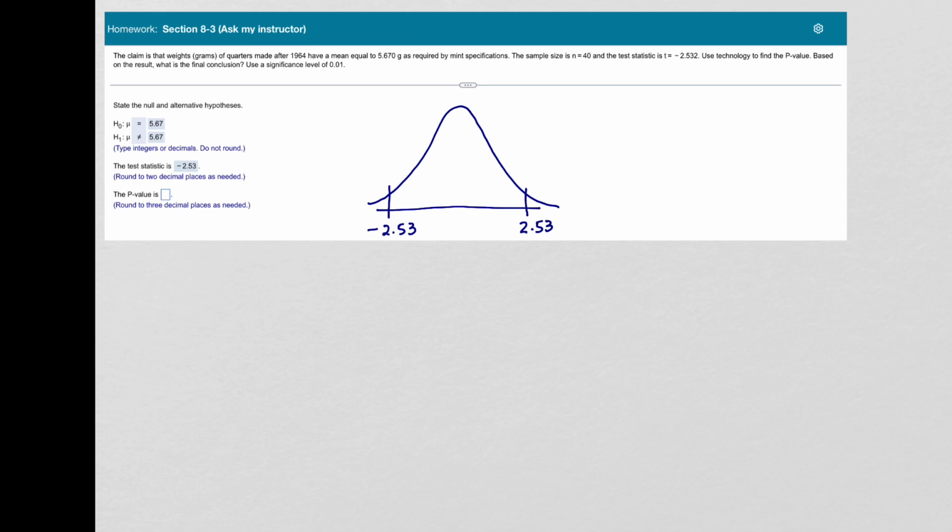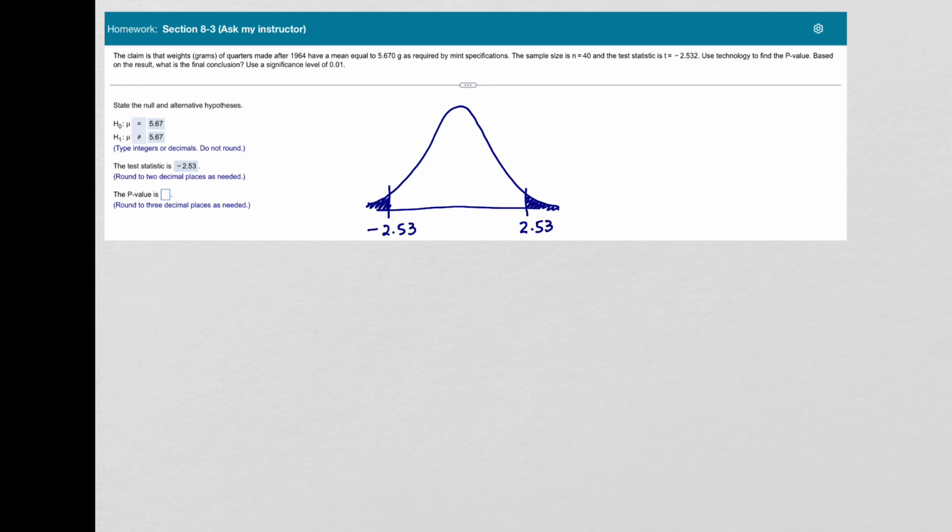Now my p-value is the area in the tail past the test statistic and the mirrored test statistic on the other side of the distribution. So those two areas together make up the total p-value.